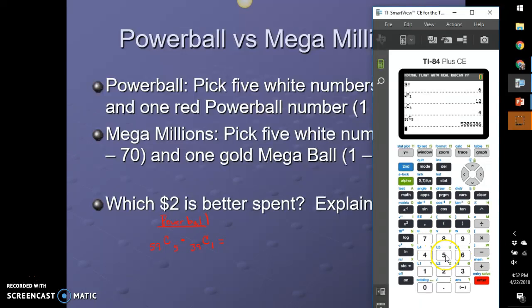Then I'm going to do the same thing with 39, and then math, probability, and number 3 for combinations, 1. You know that there's 39 ways to pick 1 of 39 balls. Now I'm going to multiply these two numbers together. I'm going to take that and multiply by this big number right here.